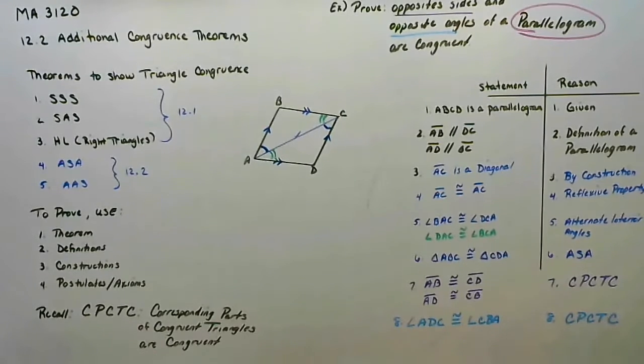Let's try one more proof together. And then I did type up for you a bunch of theorems about quadrilaterals. They are in the book, but I also typed them up for you. So if you printed out the template, you'll see them on there. But let's try one more proof together, and then we'll call it a day.